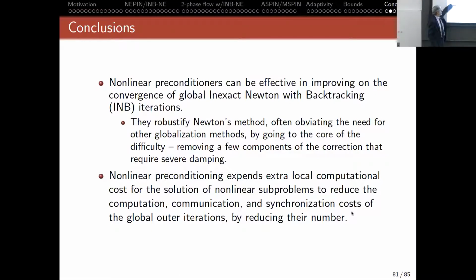So it does cost more per iteration, but hopefully it does fewer outer iterations, and mainly, therefore, fewer synchronizations of a Krylov method in a highly parallel computation. Also, if you're running Newton in an expensive parallel computation, you don't want it to blow up in an unpredictable way. So really, the robustification is almost more important than the efficiency in some ways.